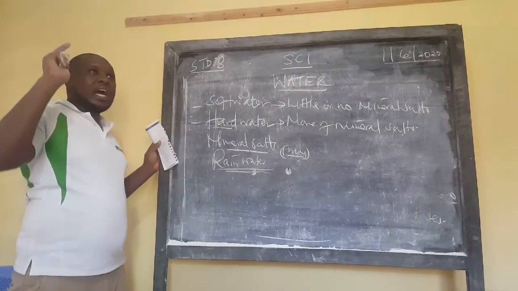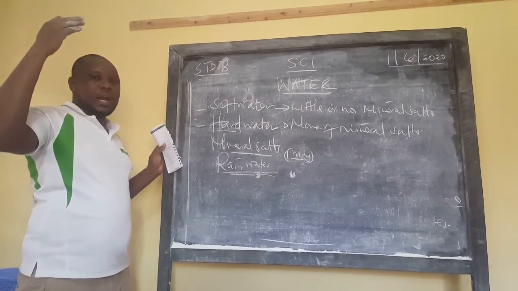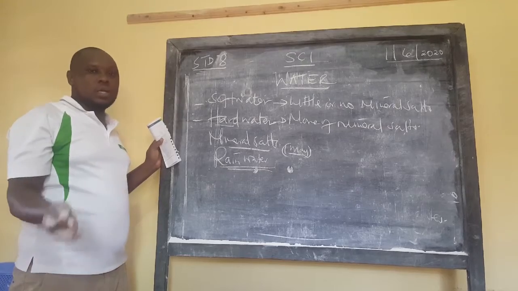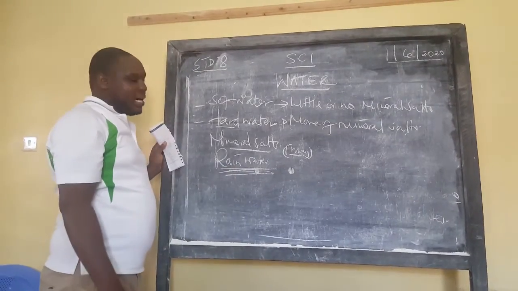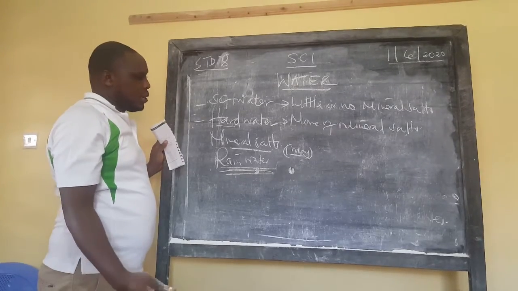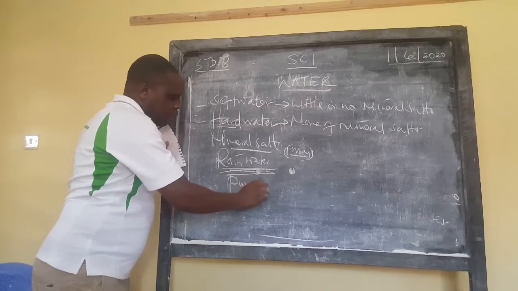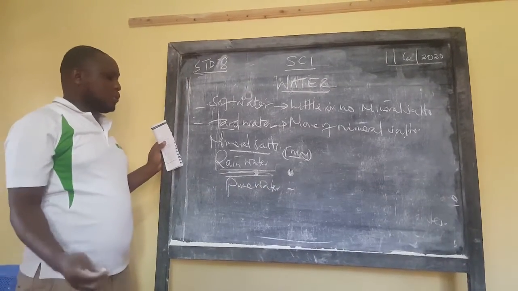You realize that acid rain is caused when the sulfur dioxide mixes with carbon dioxide in the atmosphere with rainwater. They form what we call acid rain. So we are saying this one, rainwater, may be considered as soft water. Then we have what we call pure water. The pure water that you buy from the shops.